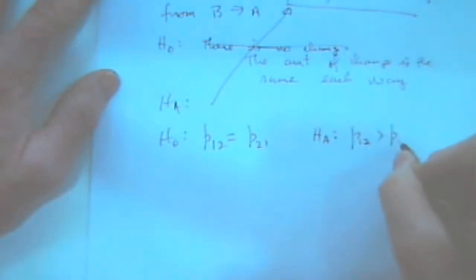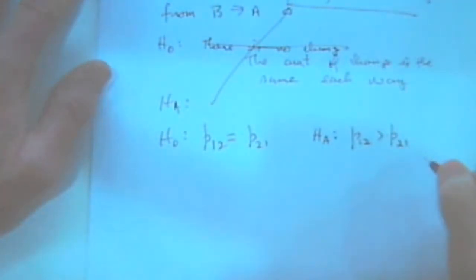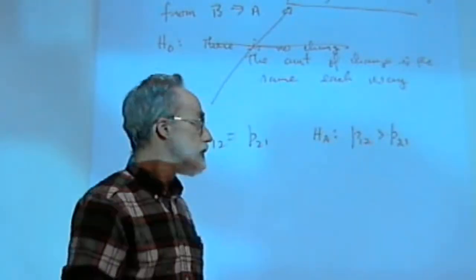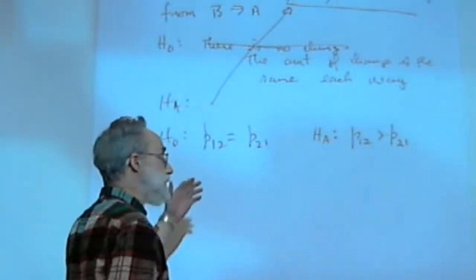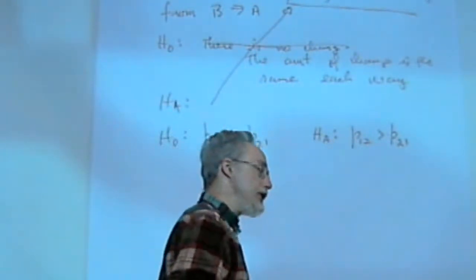And then here p12 dominates things. Then it's like our setup: we only have two categories of interest. In the test statistic, we just use the off-diagonal counts.